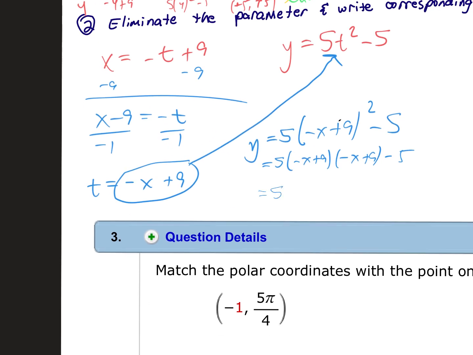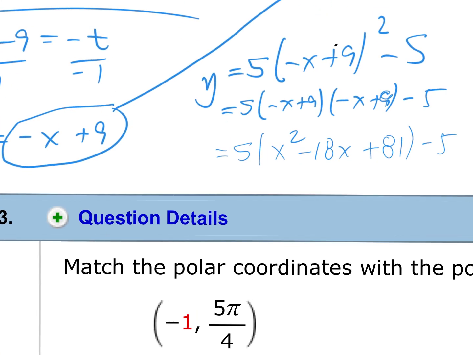So if you go through this, negative x times negative x is x squared. Negative x times 9, my bad, is negative 9x, right? Plus another negative 9x gives me what? Minus 18x, and then 9 and 9 is 81, and then minus 5. And then now what would we do? Distribute. So I have 5x squared. What's negative 18 times 5?